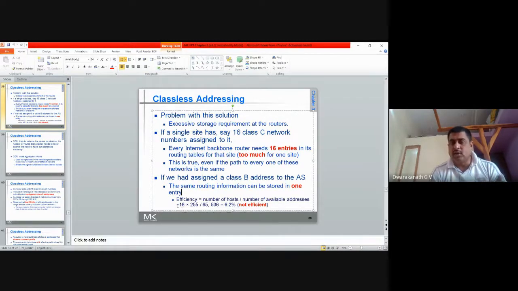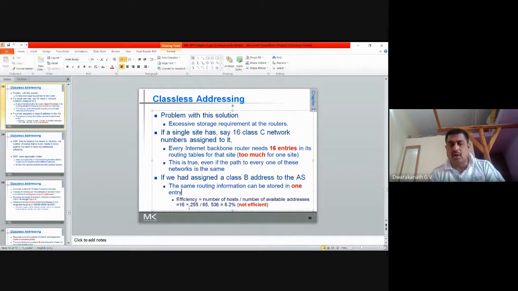Now 16 into 255 systems, if you multiply that, what will be the number? 4080 almost, divided by 65,536, which will be around 6.2%, that is 0.06, so usage will be only that much, which is not efficient.